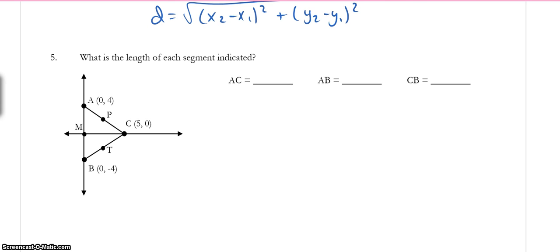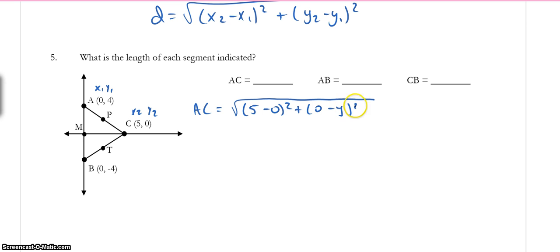It says, what is the length of each segment indicated? So we want AC, AB, and CB. We'll start with AC, so I have x1, y1, x2, y2. The distance of AC is, sorry, just want to get my notation right, the square root of x minus x squared plus y minus y squared.